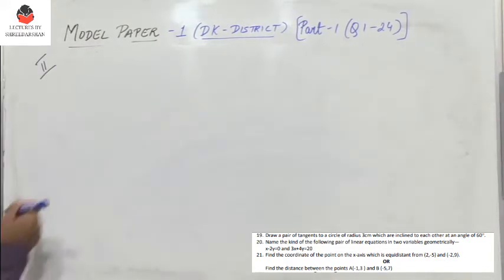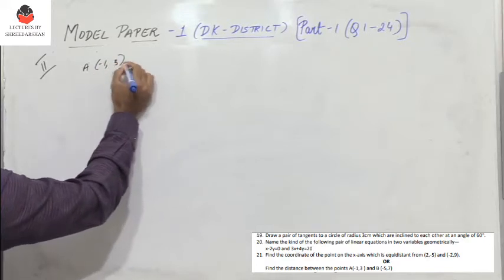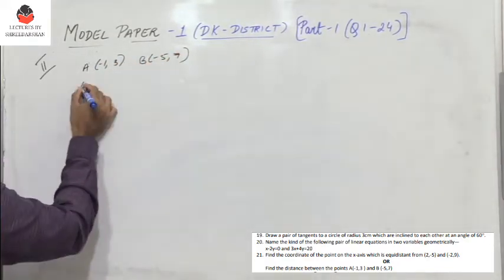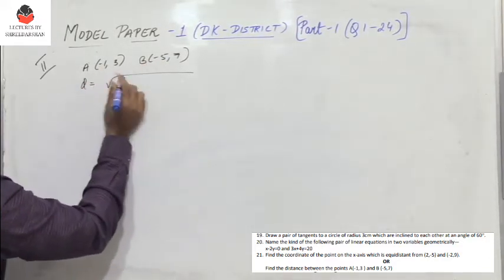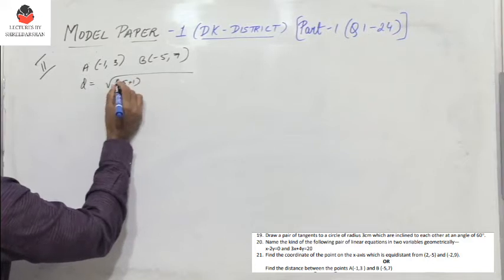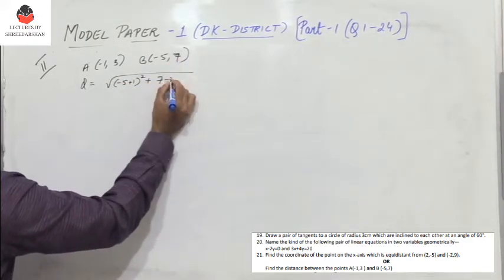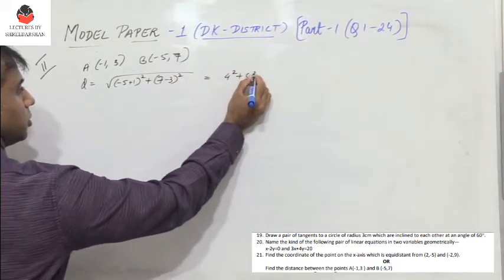Find the distance between A, which is minus 1, 3, and B, which is minus 5, 7. So the distance formula, x2 minus x1, minus 5 plus 1 the whole square, plus 7 minus 3 the whole square. So this is 4 square plus 4 square.